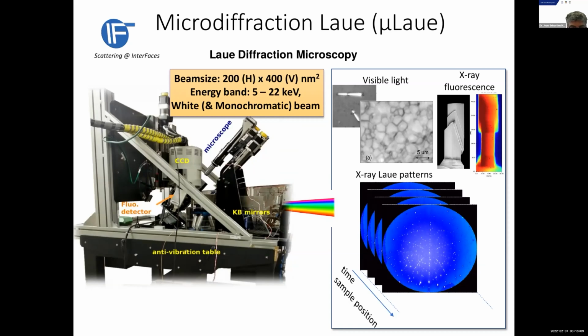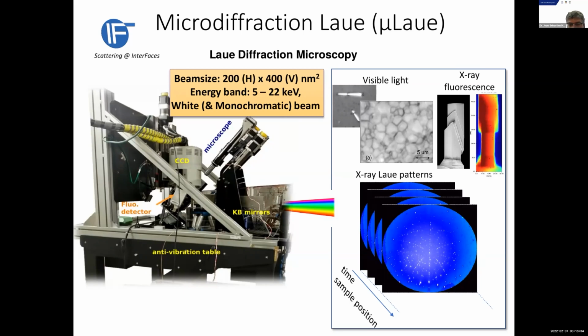is taking this image, and then if you want to do the visible microscopy, you have to put the microscope down. So on our beamline and also in other beamlines, you can't have at the same time the visible light microscopy and the Laue microscopy. So you have to do it in an alternate way.